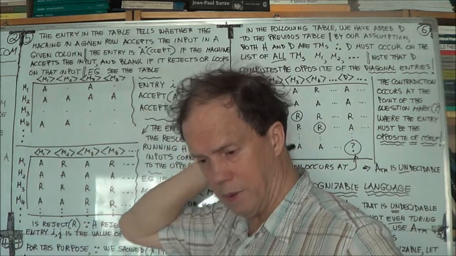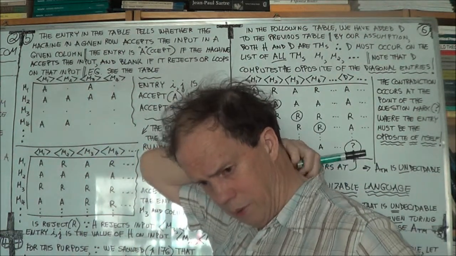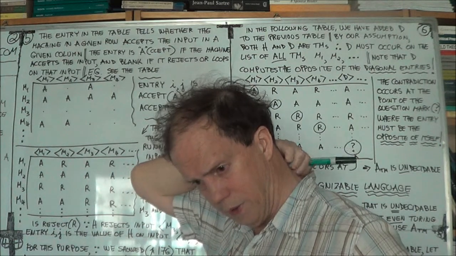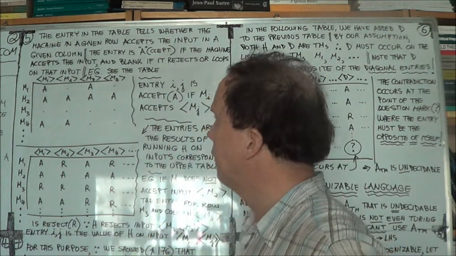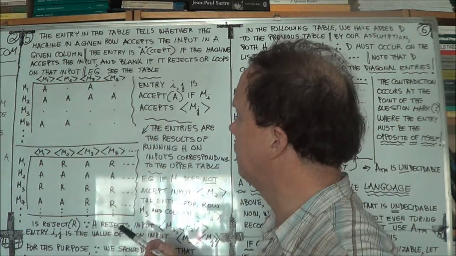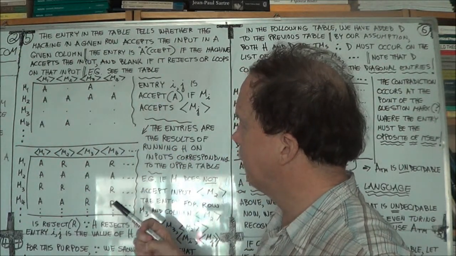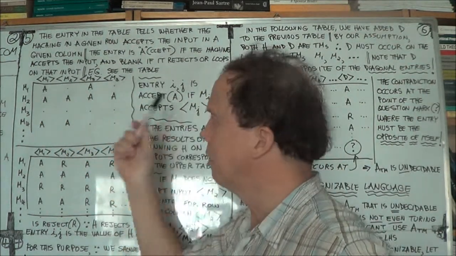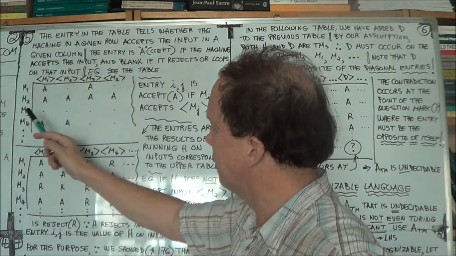In other words, the label that is the description of each Turing machine. And the entries here, you interpret, like the A here, A is short for accept, and what that means is, let's do an example.